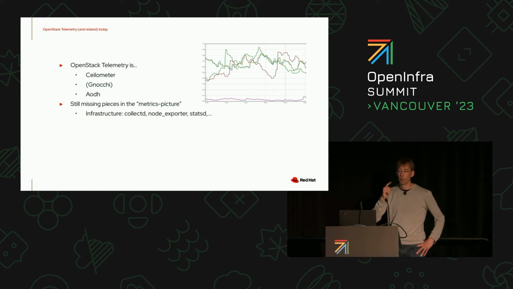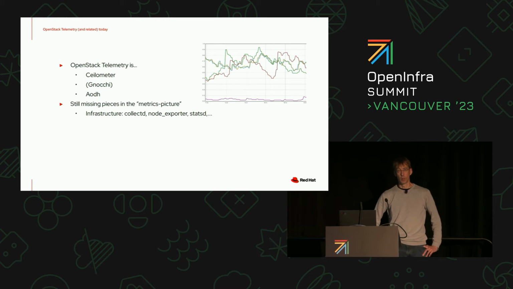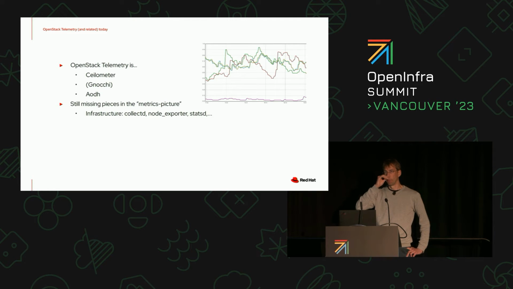So today, OpenStack Telemetry is mostly ceilometer, which is, I would say, the agent or component that collects all metrics. Then it's Gnocchi as a data storage and aodh. What we did not see here in the picture is anything else, like below-infrastructure metrics. What's going on with the hardware?